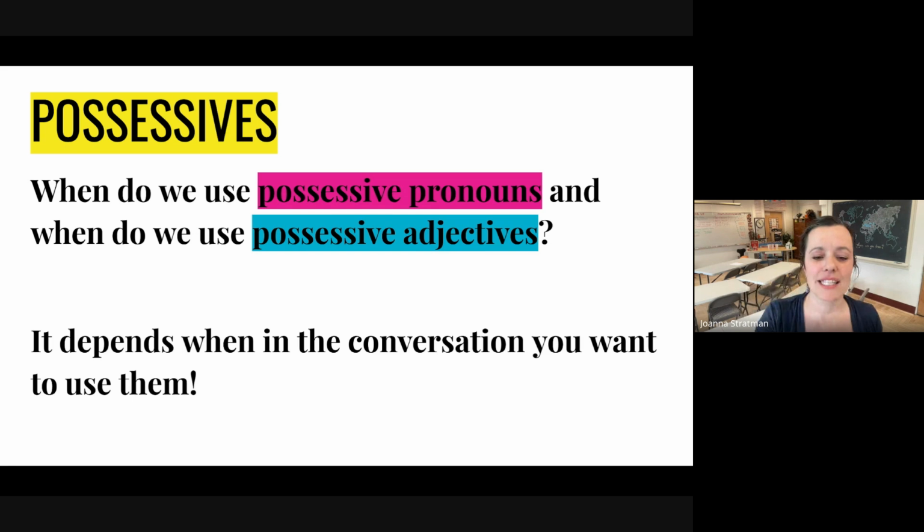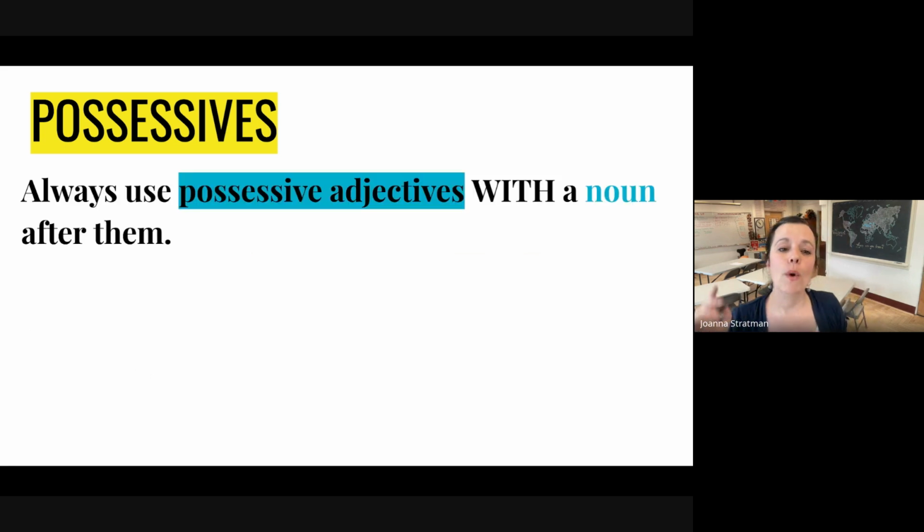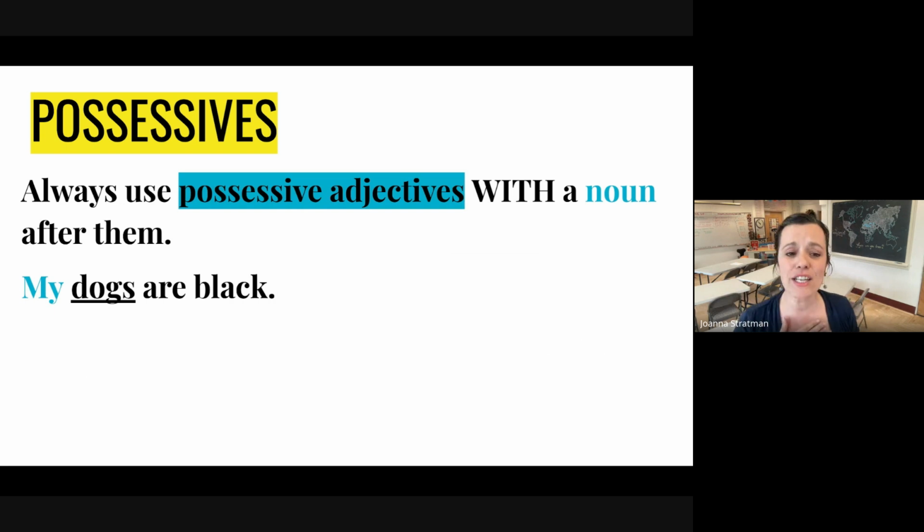Let me explain. We always use possessive adjectives with a noun after them. So the thing you own or the relationship you are describing will always come after a possessive adjective like my or your. For example, my dogs are black.